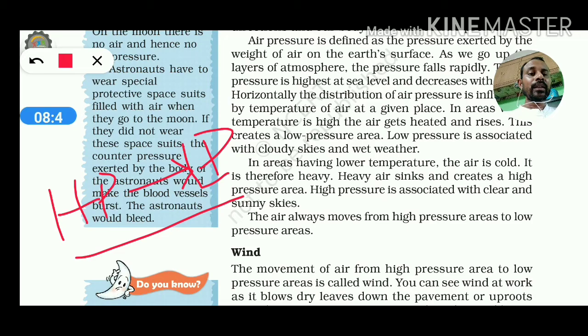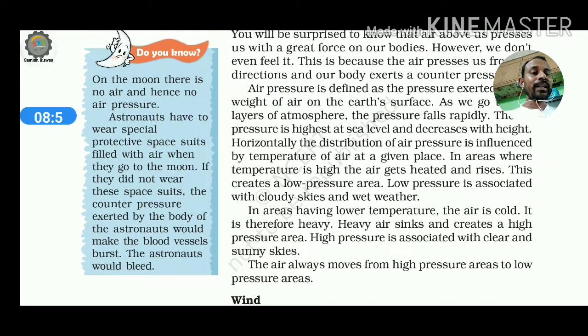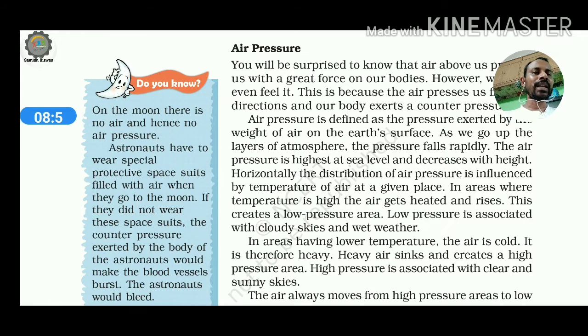So here we can see what questions may arise. What is the relationship between temperature and air pressure? What is the relationship between air pressure and height, or how is air pressure affected by natural phenomena? You have to write that with the increase of height there is a lowering of atmospheric pressure or air pressure, due to the reduction in the pressure exerted by the layers on the upper side.